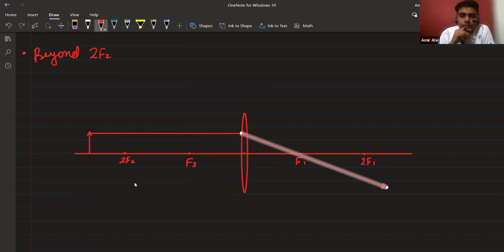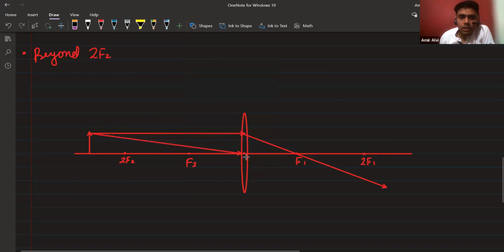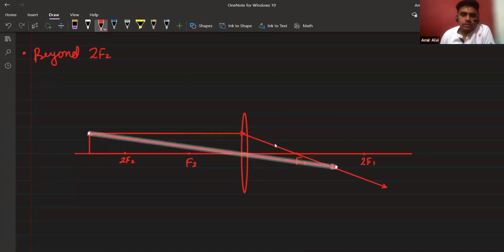Passing through the optical center. Optical center, okay. So your next ray will be from the optical center, and this will pass like this.